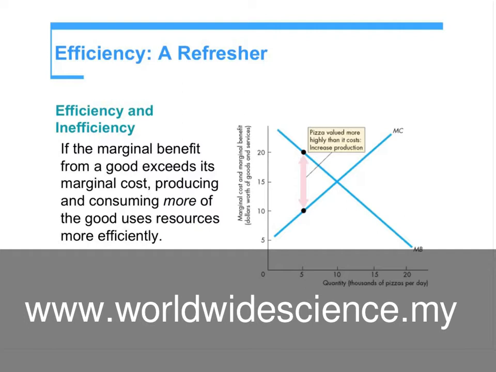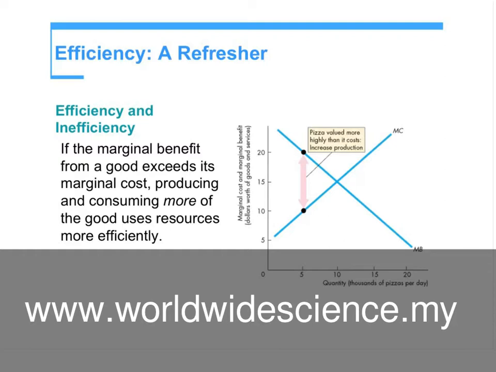So when your marginal benefit is more than your marginal cost, it is efficient use of resources if you use or produce more of that product or service, which is the case on the left-hand side.